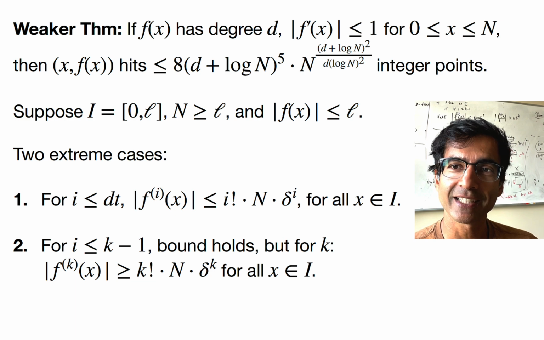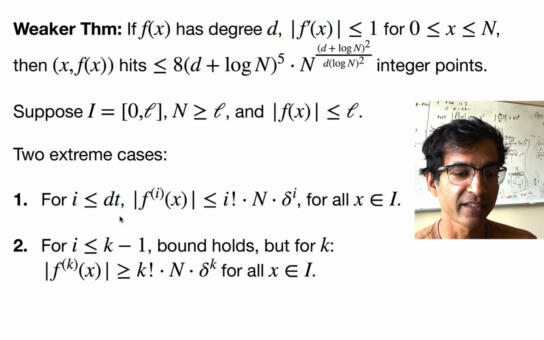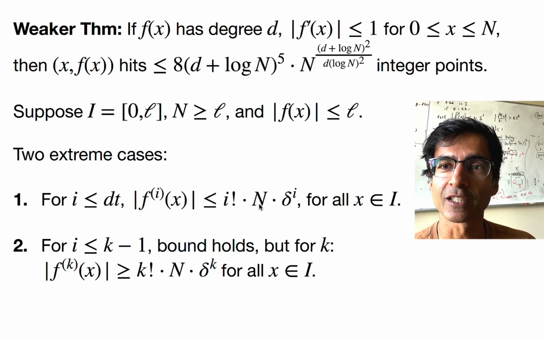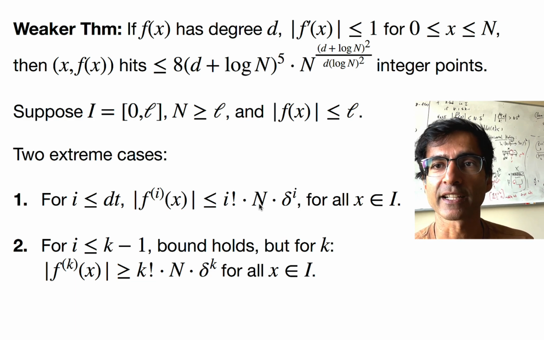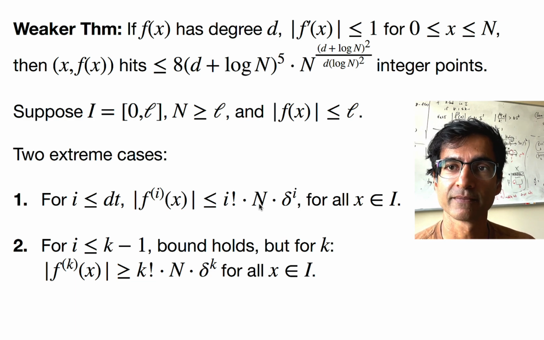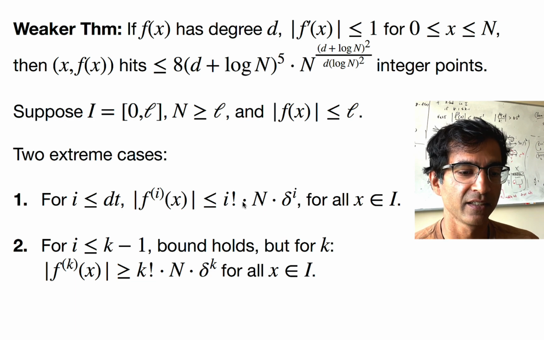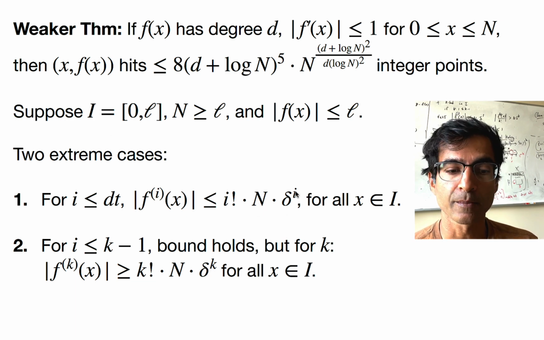Now, really, in this part of the proof, because I'm only proving the weaker theorem, the derivatives for i bigger than d are 0, so this trivially holds. But I'm going to keep the form of this case just so that I can apply it in the more general setting later. Okay. So that's the first case: all the derivatives are small in this sense.